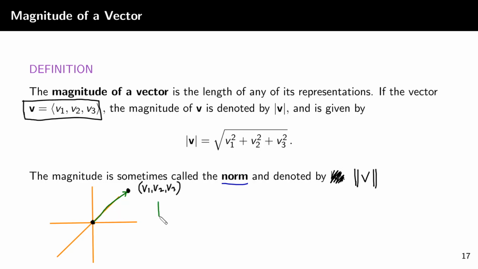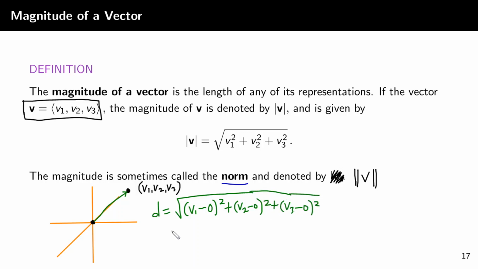But we know the distance formula, right? The distance formula is given by v1 minus the x-coordinate of the initial point, which is the origin, so 0 lang, squared, plus v2 minus 0 squared, plus v3 minus 0 squared. And that is exactly this expression. So, itong formula natin for the magnitude of the vector, galing lang siya sa distance formula na alam na natin.